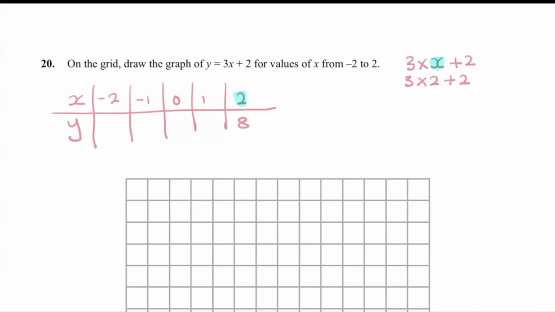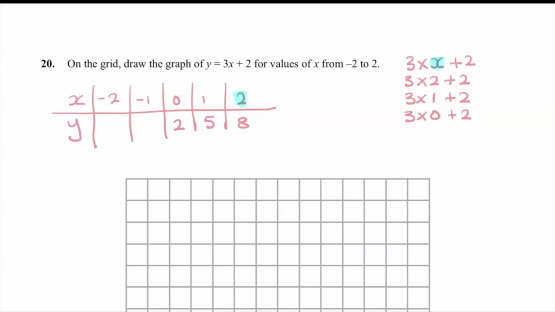And then I'm just going to repeat that. 3 times, the next number in the table is 1 plus 2. That will give me 5. 3 times 0 plus 2 will give me 2. Now I can keep going with calculations, or now I've got 3 numbers, I can look to see if there's a pattern.